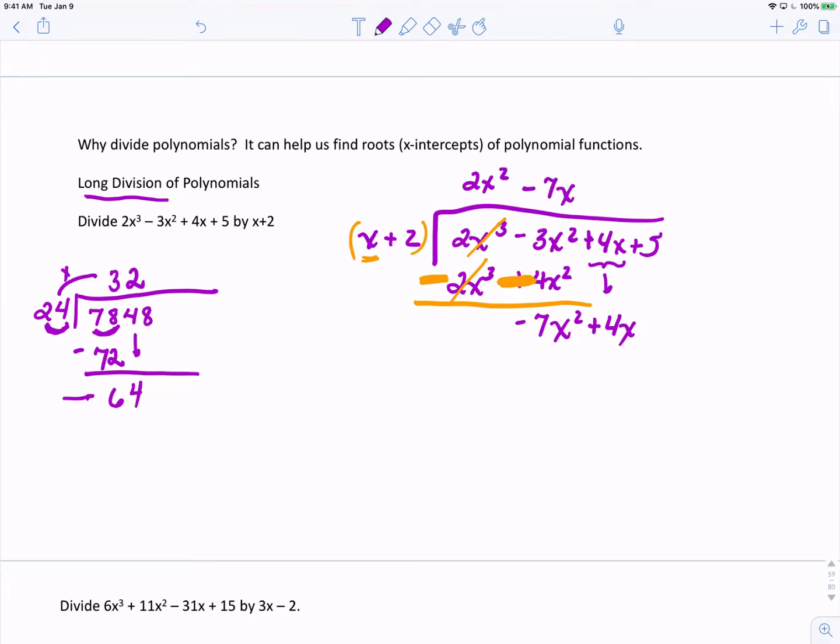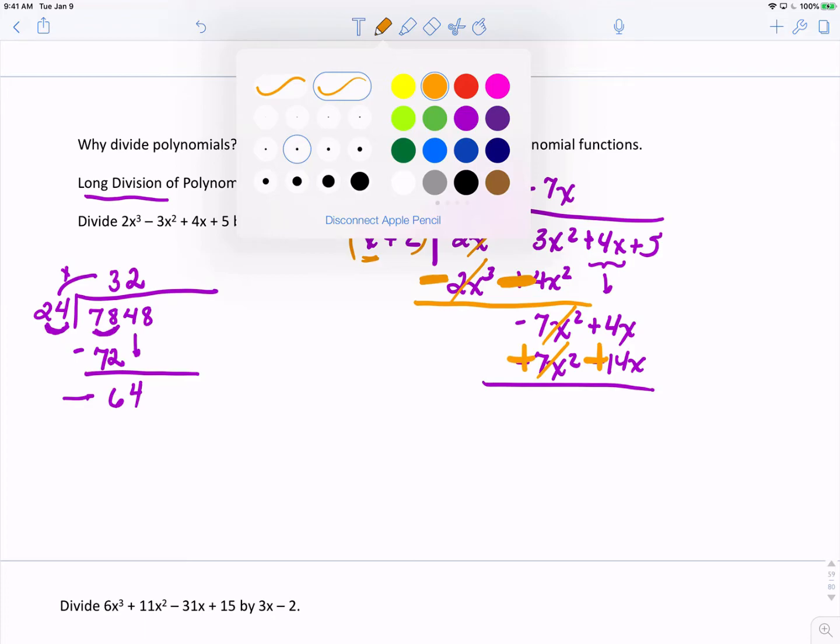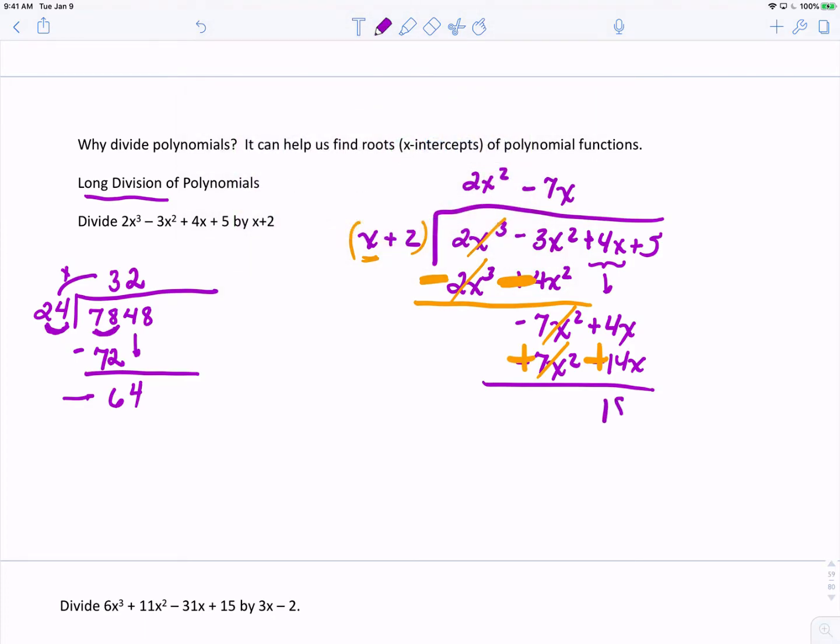And so let's go ahead and multiply. Negative 7x times x is negative 7x squared. Negative 7x times 2 is negative 14x. Now we would like to subtract. And subtracting in algebra is the same as changing the signs and adding. These two give us 0, and 4x and 14x give us 18x.